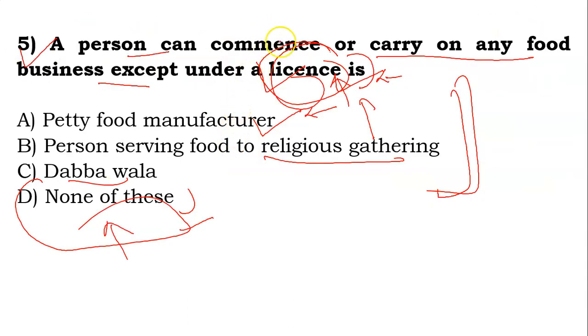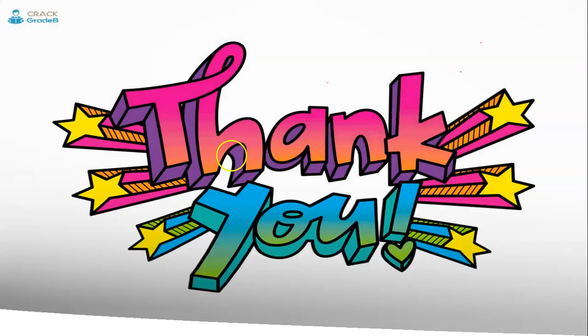So our question, a person can commence or carry on any food business except under a license, the answer is none of these. He cannot do any business without getting a license in our country. In case of a petty food manufacturer, he has to register himself with the authority before starting petty food manufacturing in our country.